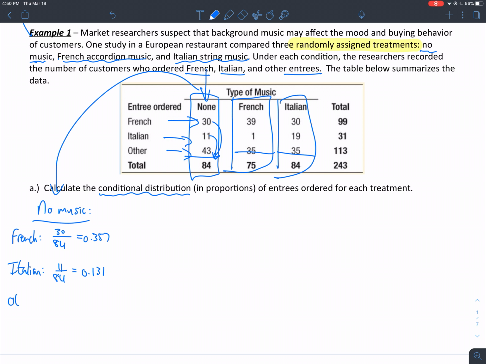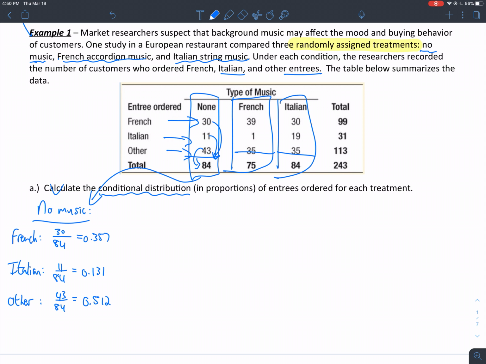And then for other, what proportion of other entrees were purchased when no music was playing, you do 43 out of 84, and that gives me about 0.512. So this is one conditional distribution of entrees for no music treatment. Okay, this whole thing is one conditional distribution.